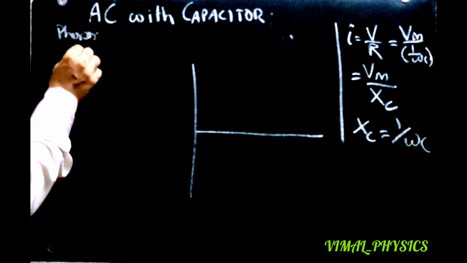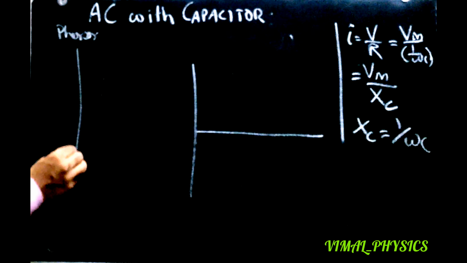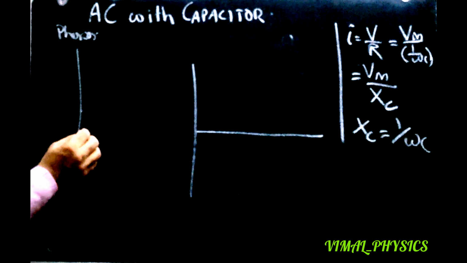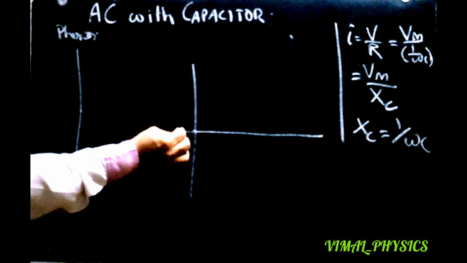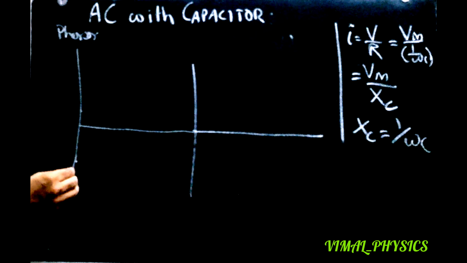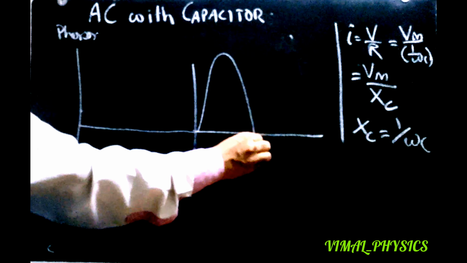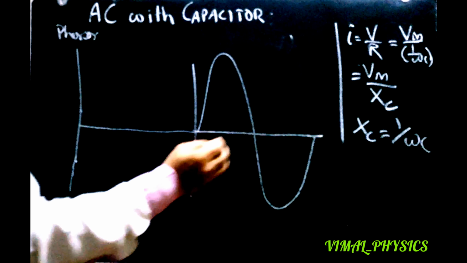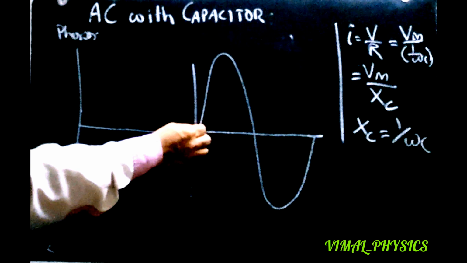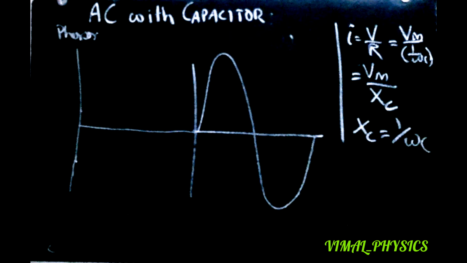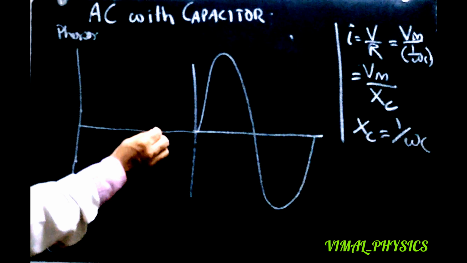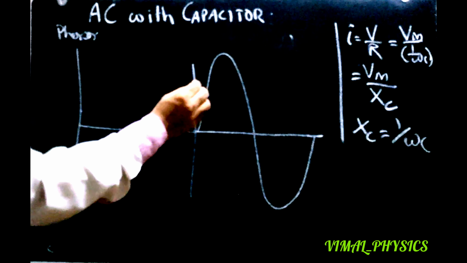I am drawing the phasor, the same waveform. First I am drawing the waveform. The voltage curve remains the same. There is no change in it. Whereas the change starts from the current.